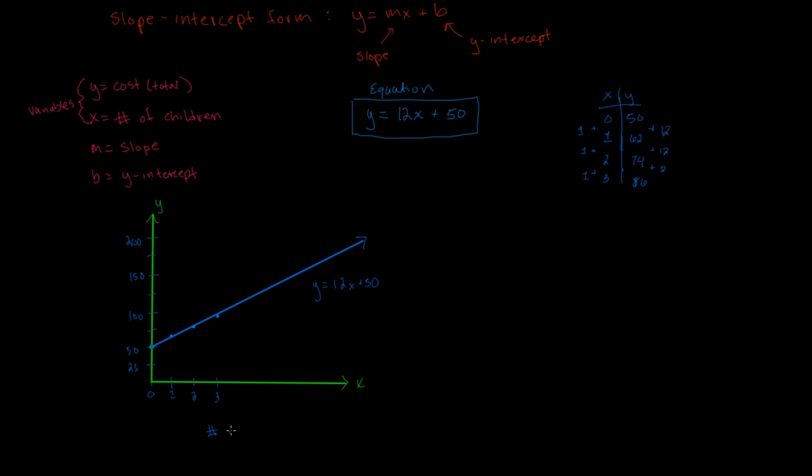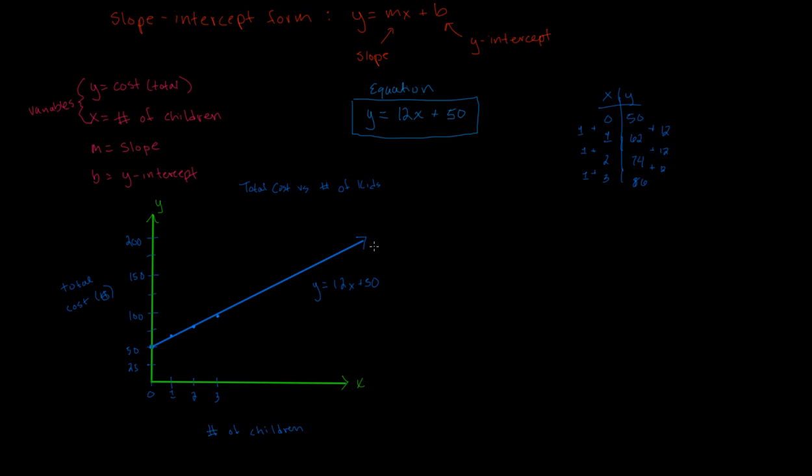X is the number of children, and y is the total cost of the party, in dollars. And then your title would be the total cost of a party, total cost versus number of kids. Or children, you could say kids or children.